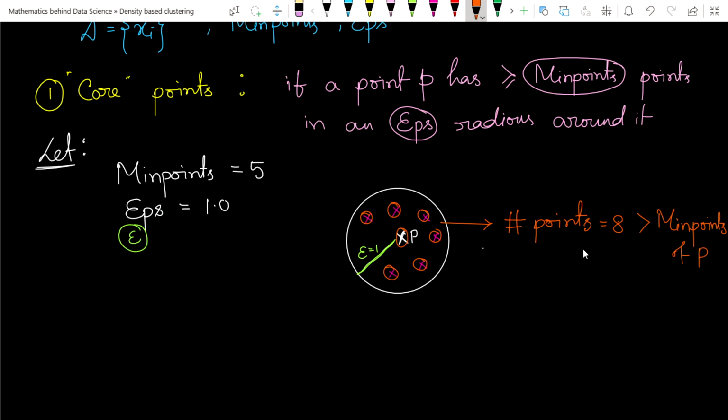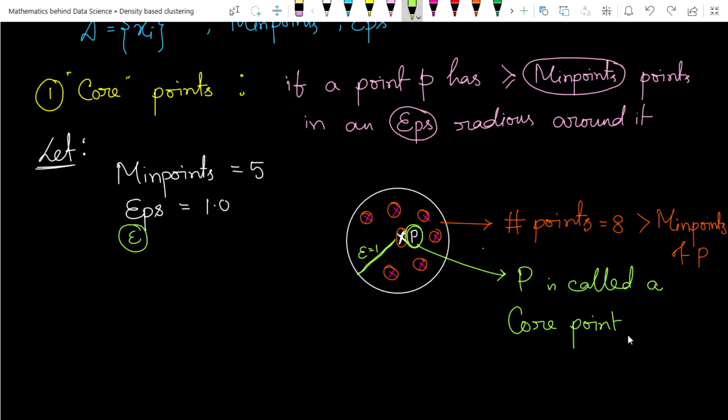So it is greater than or equal to min points, and because of this, P is called a core point.